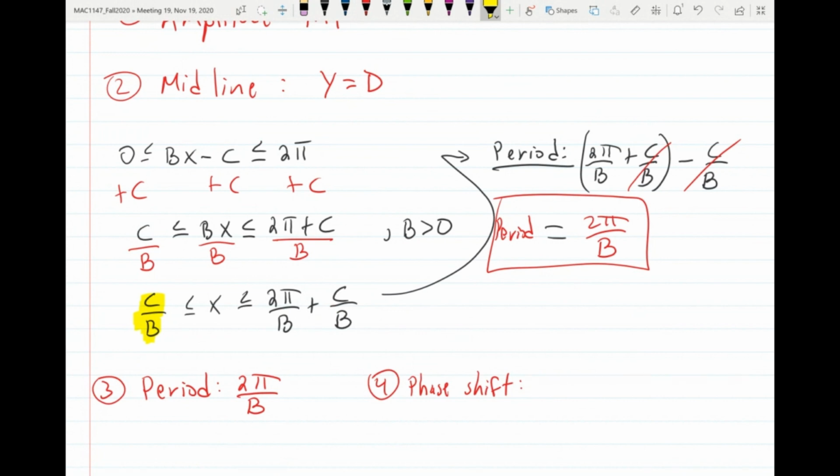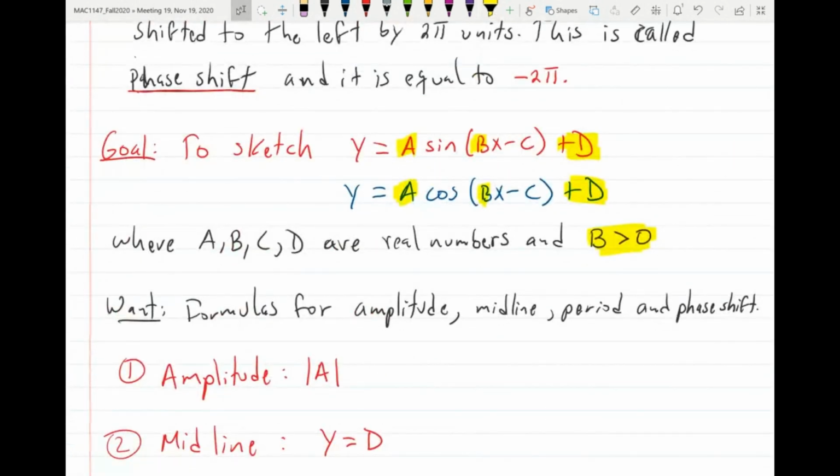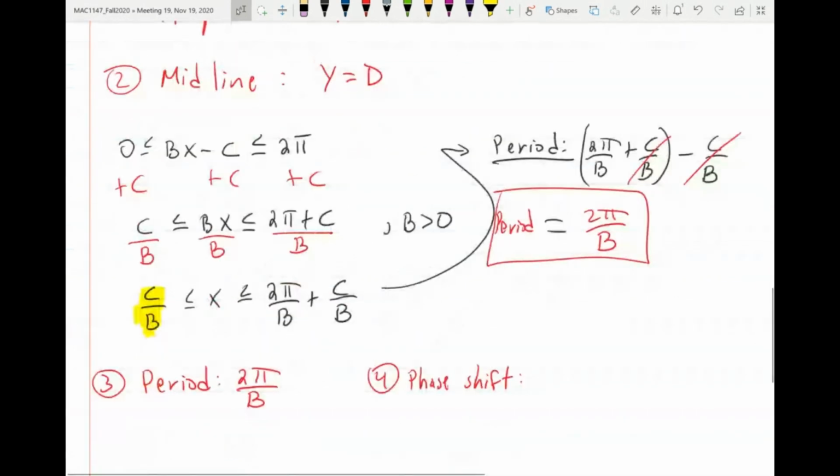Now, how do we know whether it moved right or left? Well, the sign of C will tell you how it moved. Because remember, we have a minus here, right? So if C is positive, what does that mean? It means that the graph is going to move to the right that many units, C over B, because you need to factor out the B. And if C is negative, that minus will turn into a plus, and then remember that that meant that we're going left instead of going right when we think about transformations in the college algebra sense.